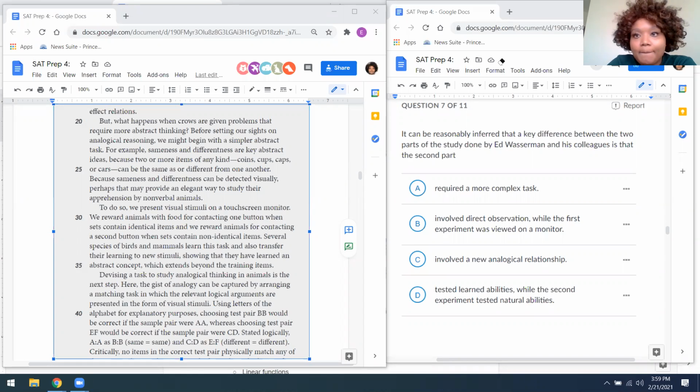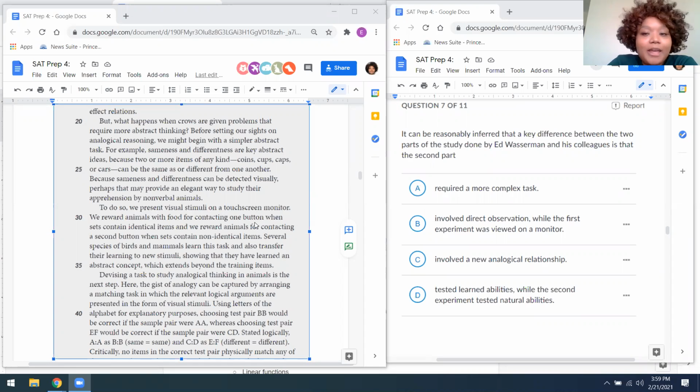So now, it's also saying that the second part was viewed with direct observation. Oh no, I'm sorry. This says, sorry, I misread that. We present visual stimuli on a touchscreen monitor.